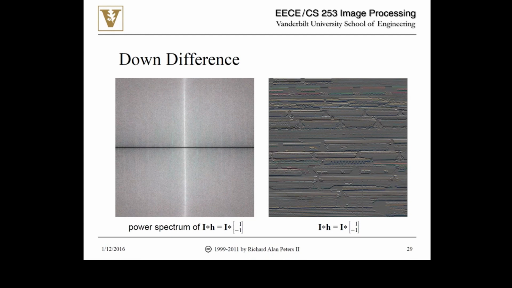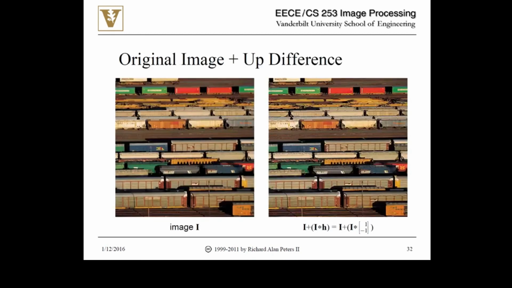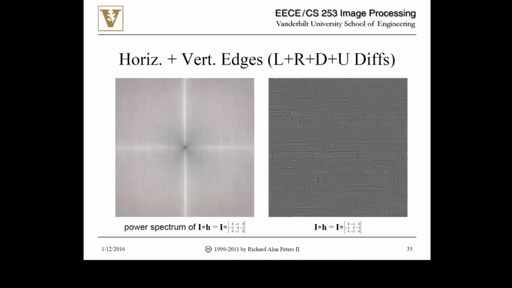The same idea applies in vertical. And we can add both. Let's say I want to enhance the edges, both vertical and horizontal. So this would be my addition of the 4 kernels, and now I have all kinds of edges, vertical and horizontal.